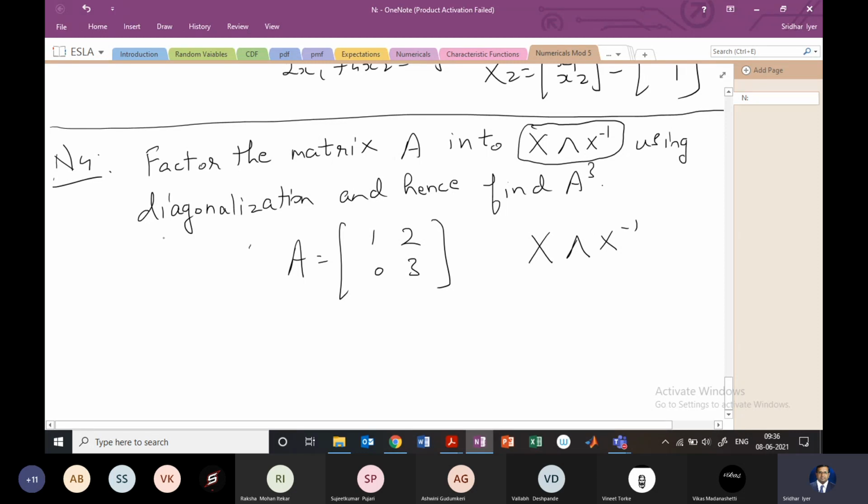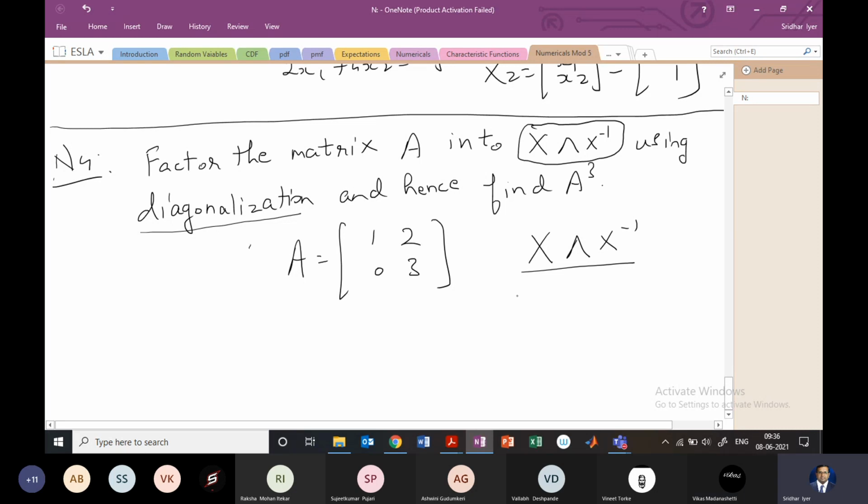And they have also asked us to do this diagonalization, right? So how do you do the diagonalization? This corresponds to what symbol which we have used? Anybody? What kind of notation for diagonalization does it correspond to?